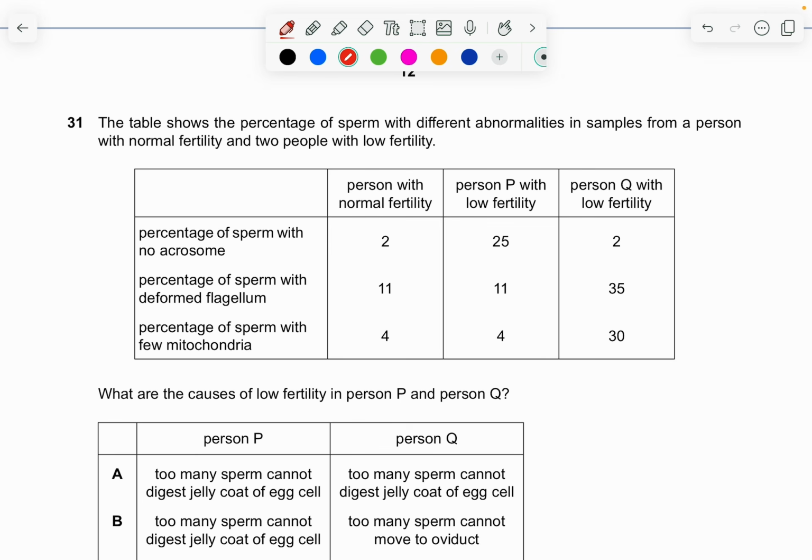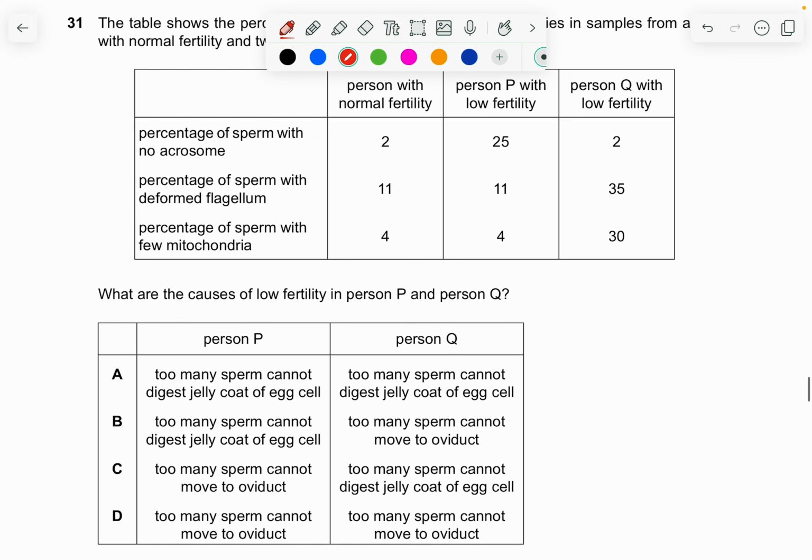So P with low fertility, there is more of the sperm with no acrosome, while the person Q with low fertility has sperm with fewer mitochondria and also deformed flagella. So what causes the low fertility in person P and person Q? So you kind of use the result from here and here to deduce why it is happening.